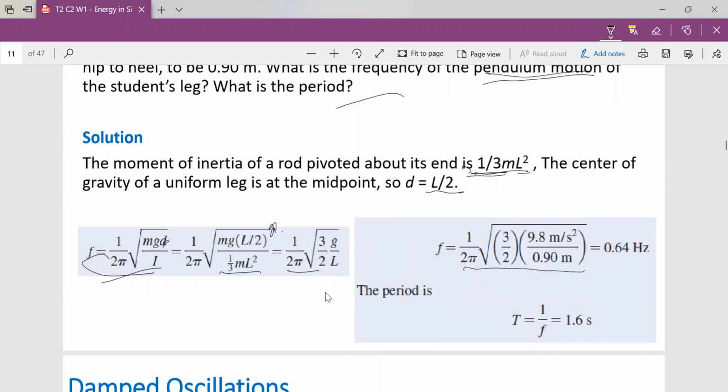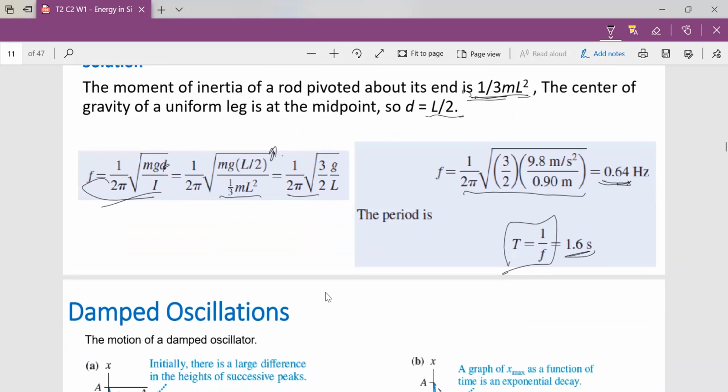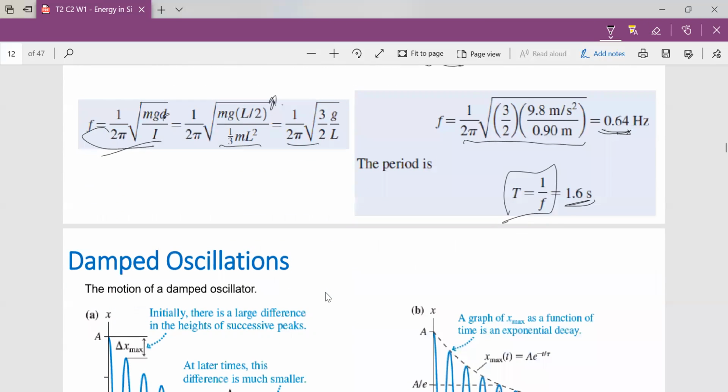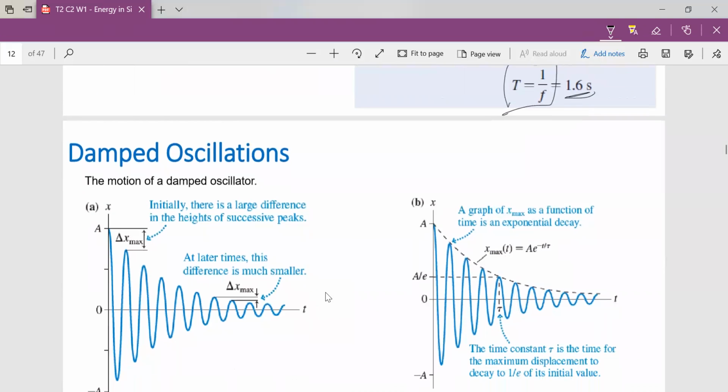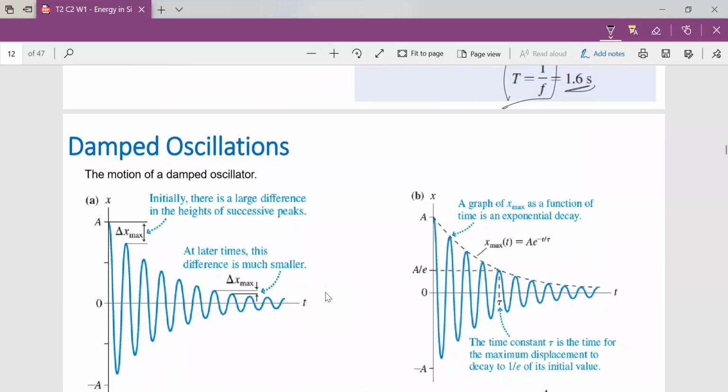Substituting directly, we solve to get 0.64, and we take the inverse of this, as the equation of frequency says, to get the period. Okay, so that's how I apply that to solving problems with locomotion. As you take your step, we can actually calculate length and other information about your motion.